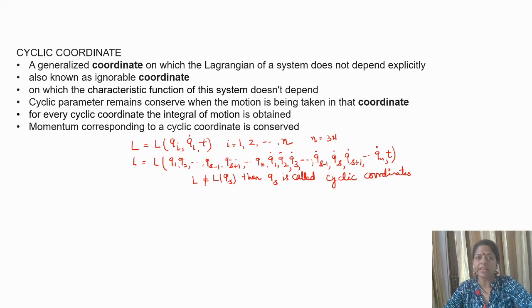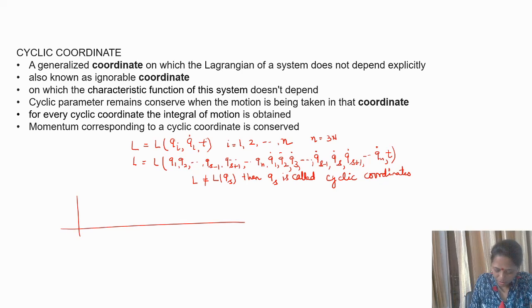Next, a cyclic coordinate remains conserved when the motion is taken in that coordinate. Suppose this is some object and this is the coordinate, a cyclic coordinate.